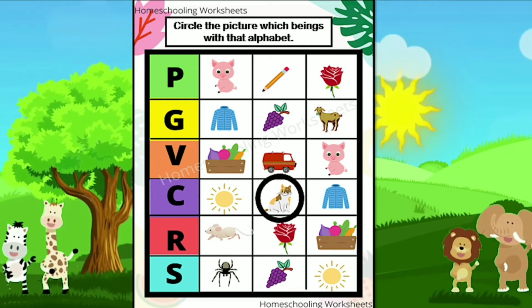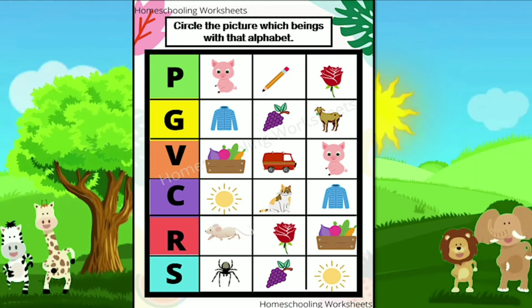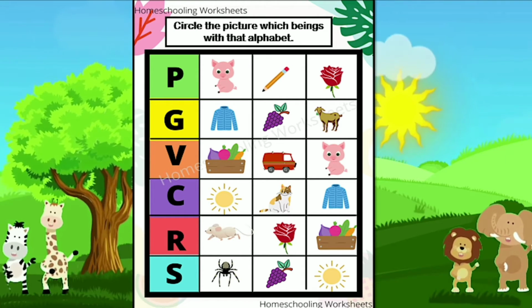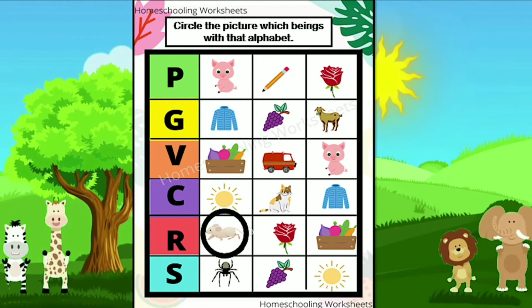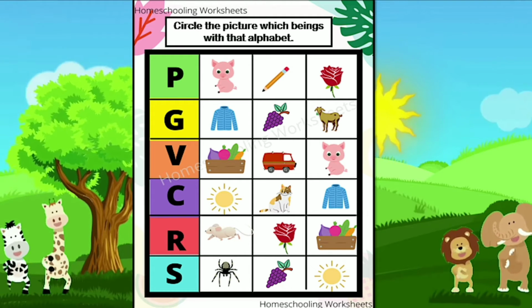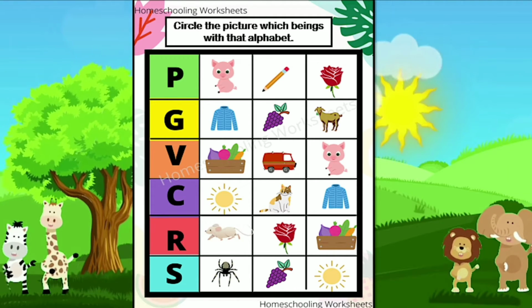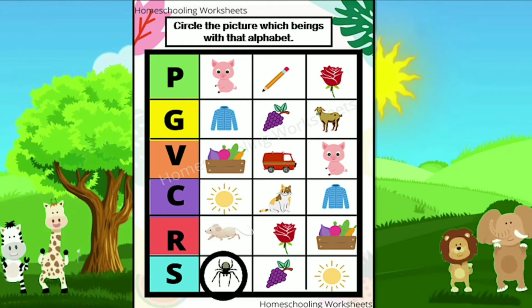C for coat. R for rat. R for rose. S for spider. S for sun.